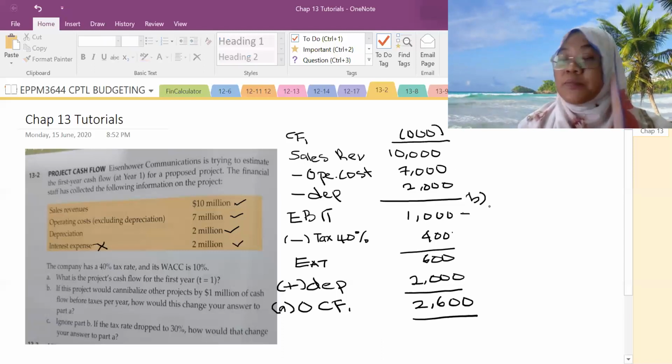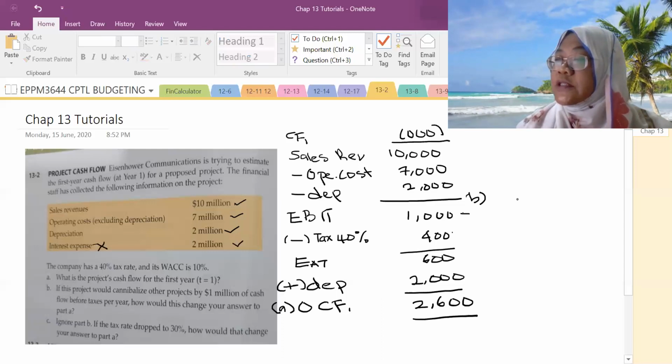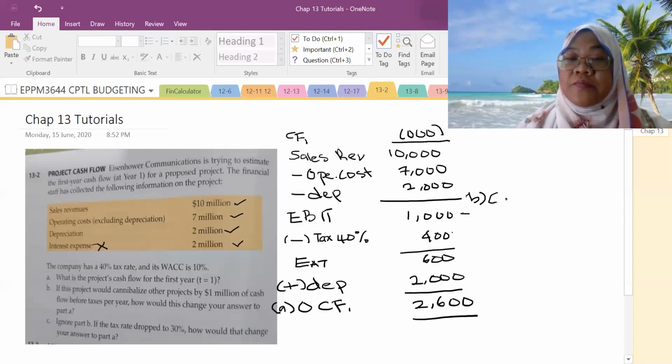So I'll put here B. Okay, the after tax effect would be to reduce the project's cash flow by 1 million. 1 million tu you boleh terus ambilkan the after tax. Okay, the after tax cannibal effect.